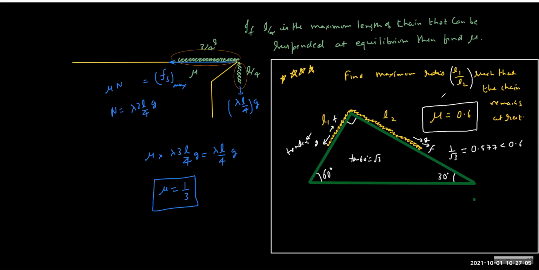Once you understand the tendency, it is only about writing the values. Let's write all the pull force and all the frictional force, and because it is at rest, they are balanced. So the pull force is lambda L1 G sine 60, and that is all that is preventing the motion.